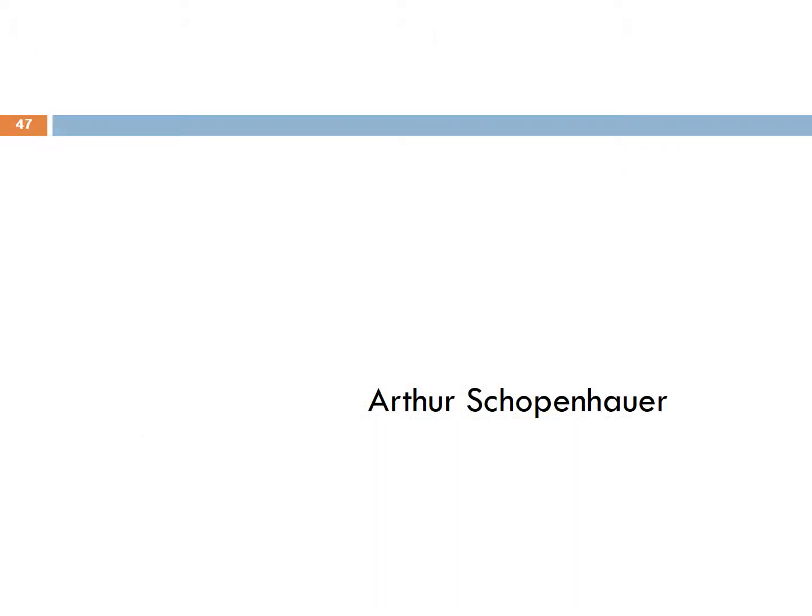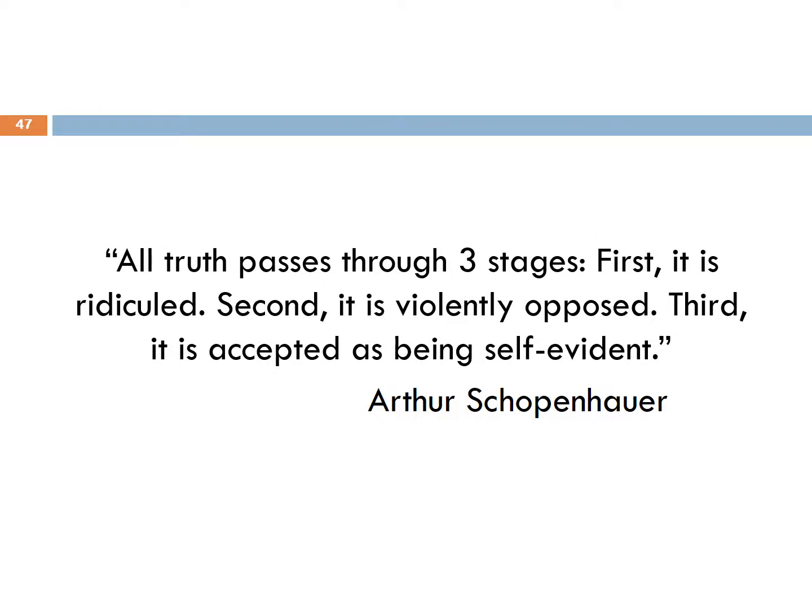Arthur Schopenhauer said, all truth passes through three stages. First, it is ridiculed. Second, it is violently opposed. Third, it is accepted as being self-evident. Does this sound familiar? The world is flat. The sun revolves around the earth.